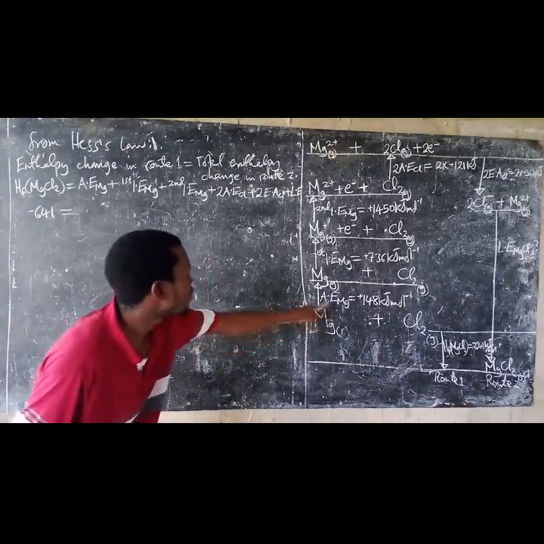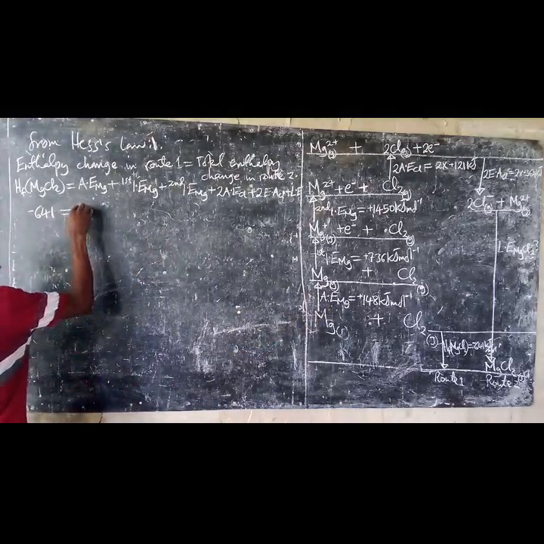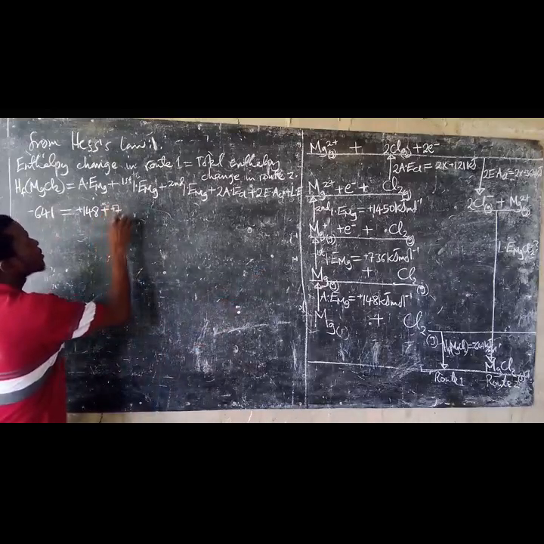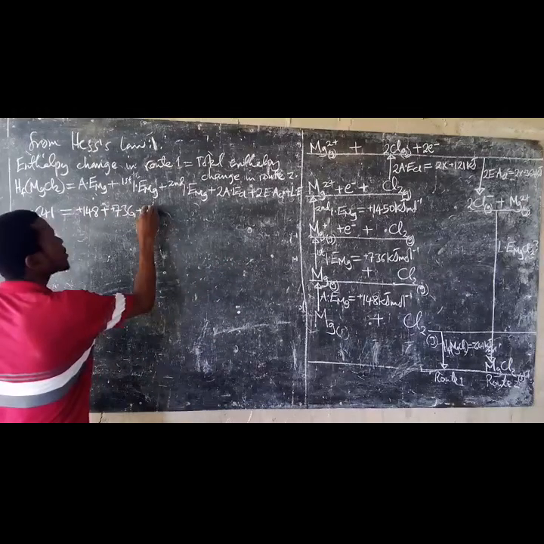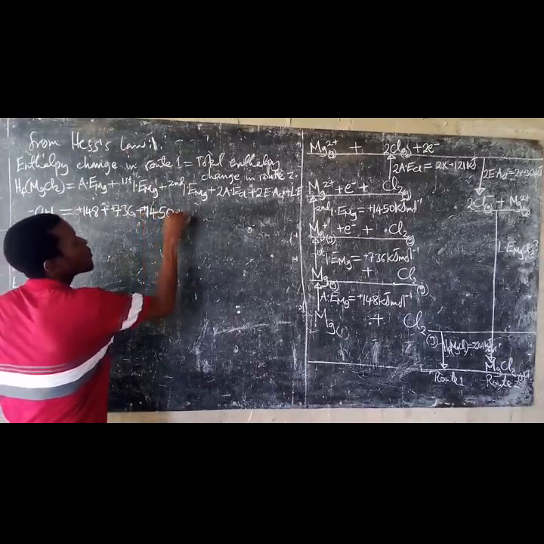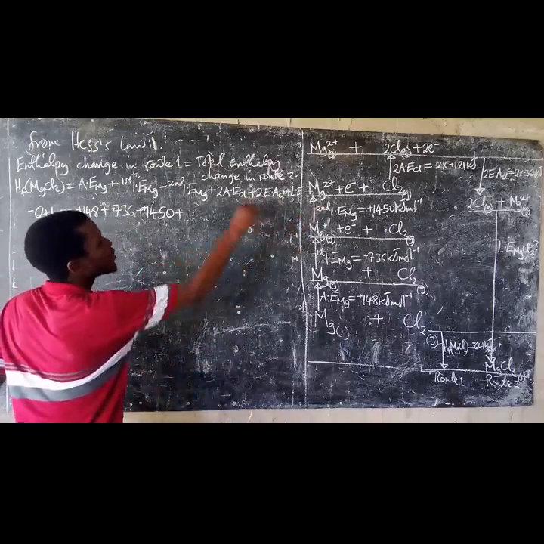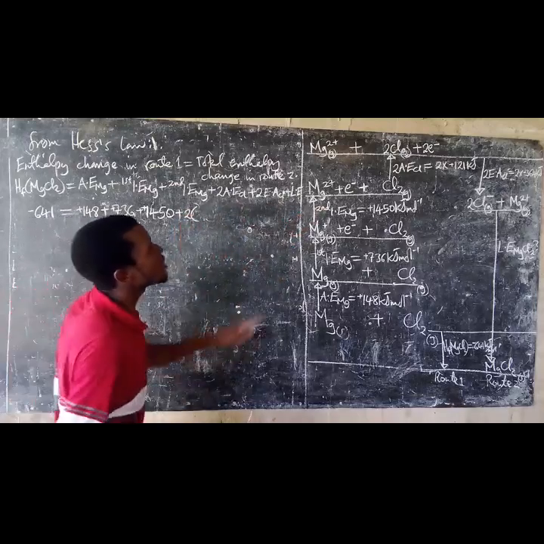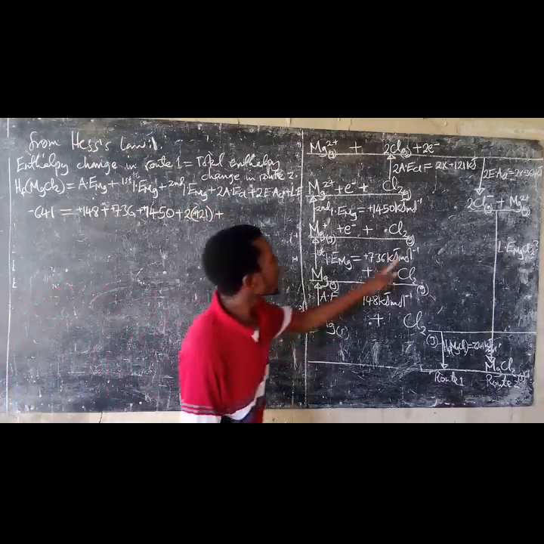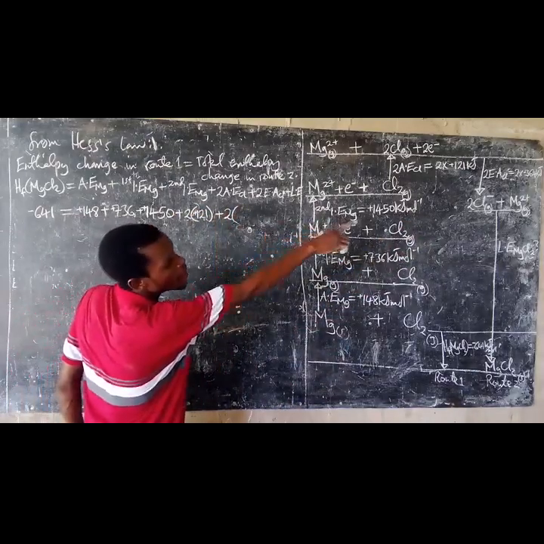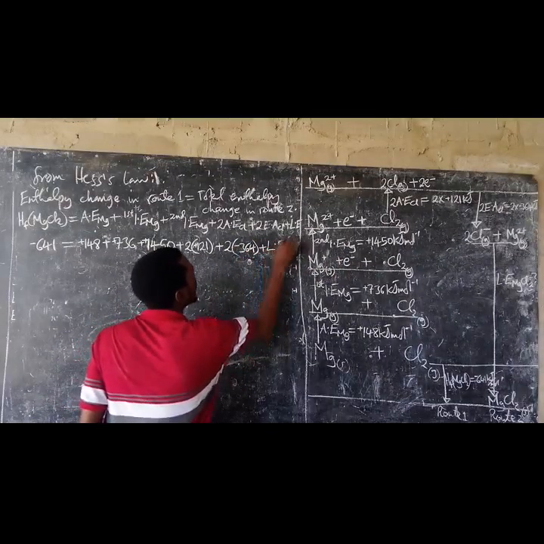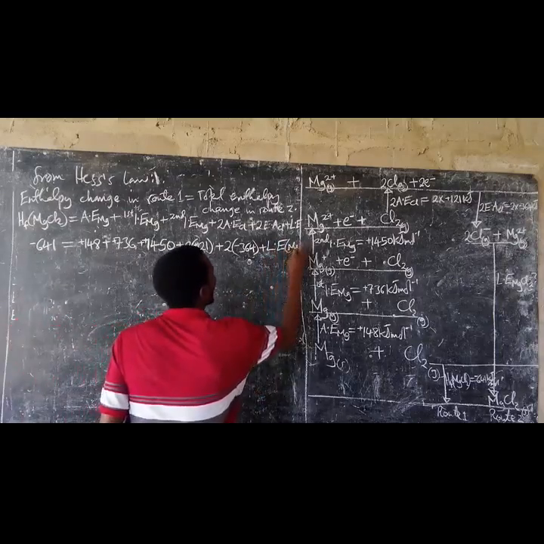This is equal to the atomization energy of magnesium, positive 148, plus the first ionization energy of magnesium, positive 736 kilojoules per mole, plus the second ionization energy, positive 1450, plus 2 times the atomization energy of chlorine, positive, plus 2 times the electron affinity of chlorine, which is negative 364, plus the lattice energy of magnesium chloride.